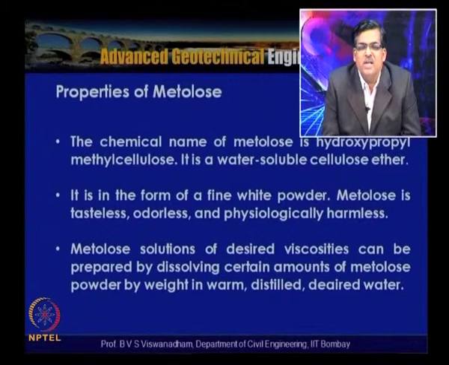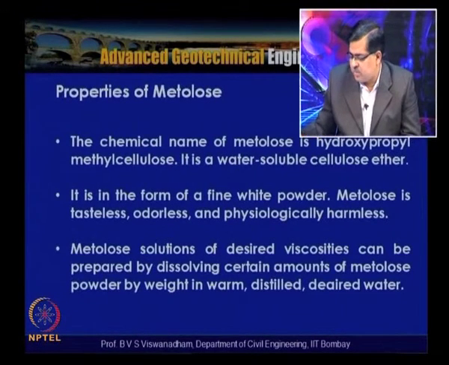Generally, Metolose of higher concentration is prepared, for example 500 centistokes, and then if you want a viscosity of, say, 50 centistokes, it will be diluted by mixing warm, distilled and deaerated water.